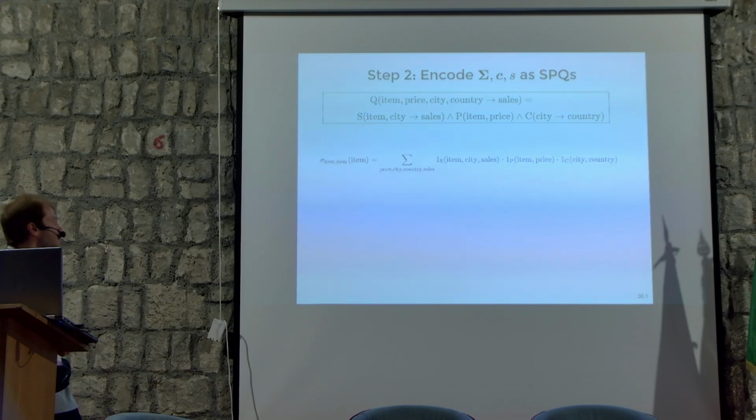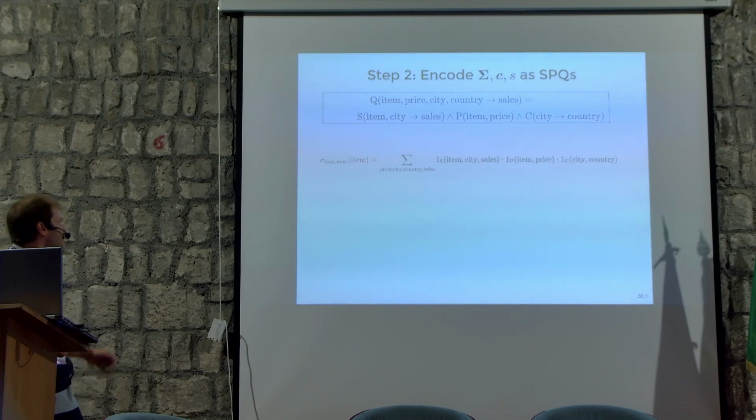We are implicitly excluding all tuples that are not in the output, thanks to these indicator functions. Now what does it mean to take the outer product of item with itself in one row of this expression? Item is a one-hot-coded feature. It's just 0 or 1. So we can use it as a group-by variable in the head. You can think of the head here as a binary relation, item, comma, item, because eventually we are computing a matrix.